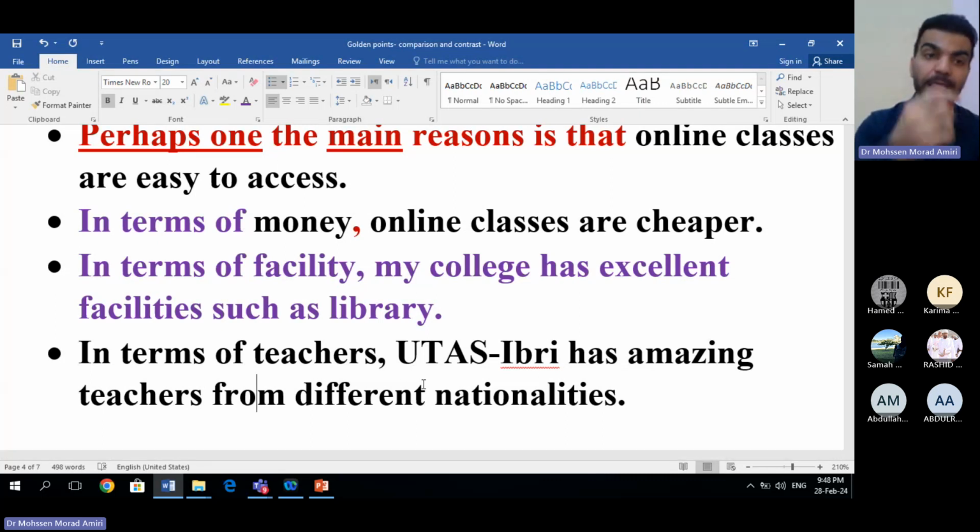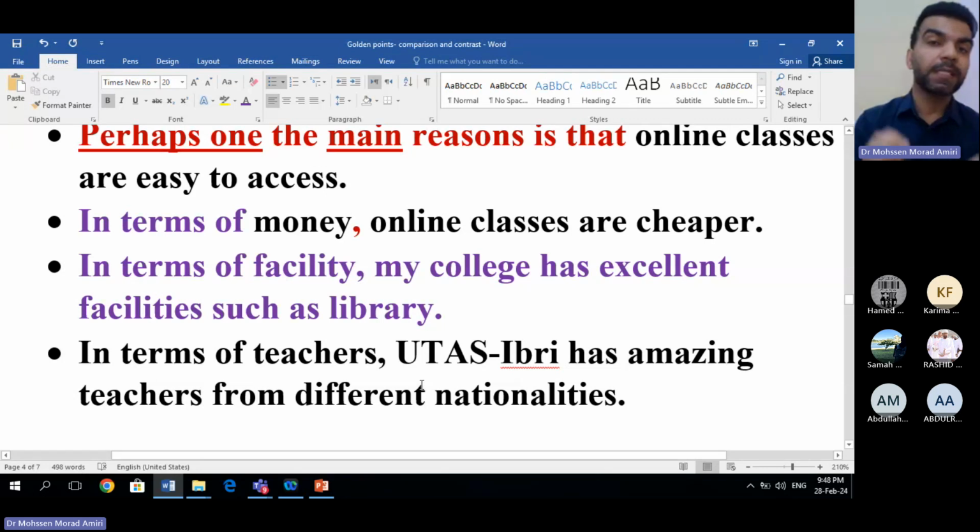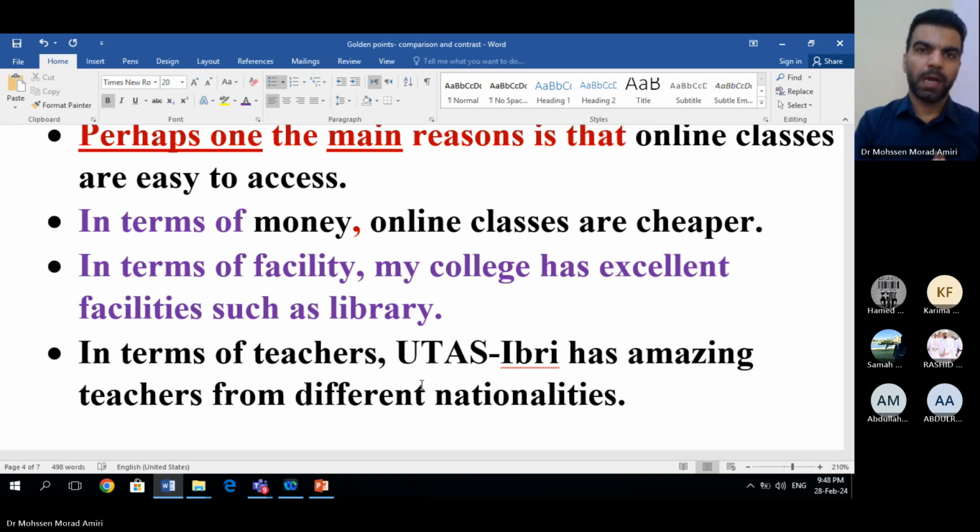So Shabab, these phrases, in terms of, are important, and you need to know how to use them in your comparison and contrast essay. How are you going to learn all that?